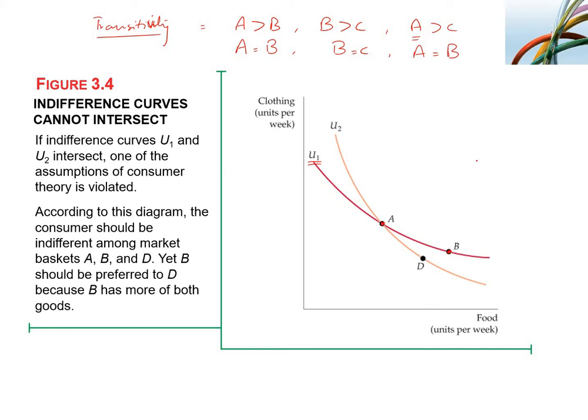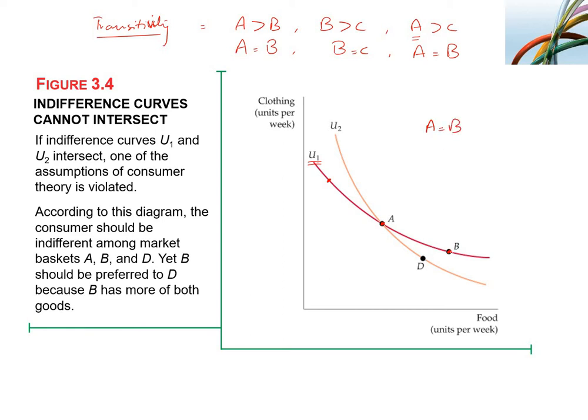If market baskets are on the same indifference curve, they give equal benefit to the consumer, equally satisfying his want. Whether he chooses A or B, he will be indifferent in choosing among all the market baskets available at U1. So A and B are equal for him; he is indifferent between A and B.